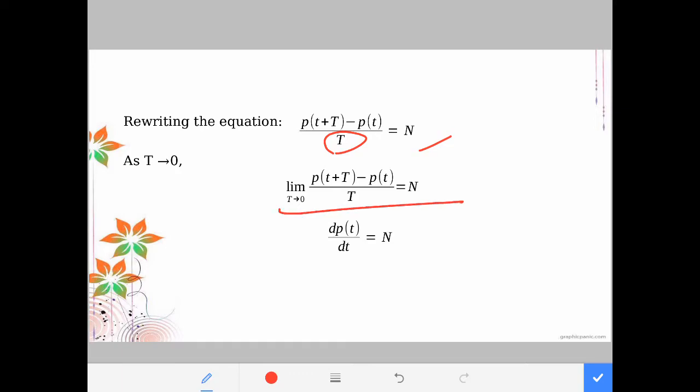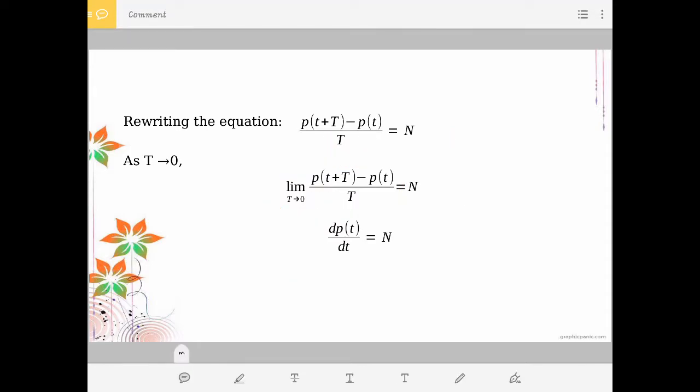Remember the definition from the very basic differential calculus class. It's not even differential equations, it's just differential calculus. So we can rewrite this expression as dP over dt is equal to N. That is one of the basic expressions in population growth.